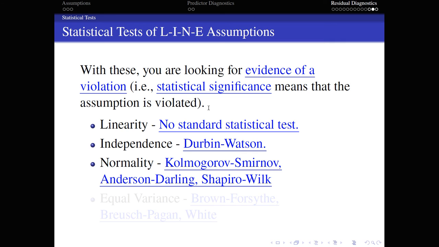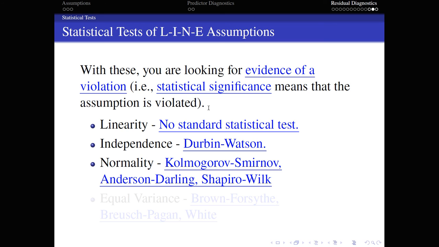For normality, we've got a few different options: the Kolmogorov-Smirnov, the Anderson-Darling, and the Shapiro-Wilk. All of these are options of how you can implement normality testing. Shapiro-Wilk is probably the most common. Anderson-Darling, I can't remember which we use in the R. We use either Anderson-Darling or Shapiro-Wilk.